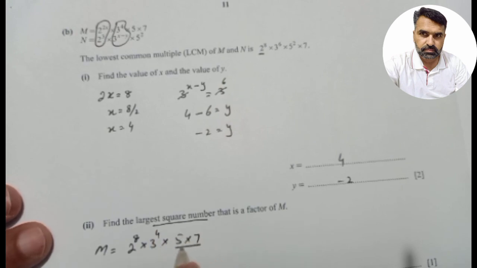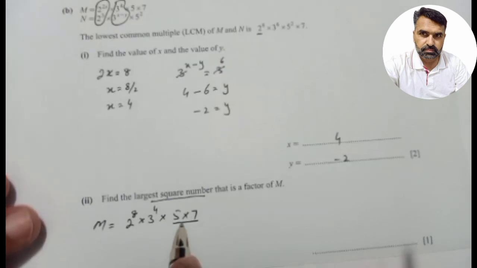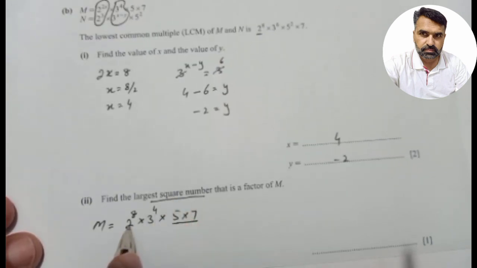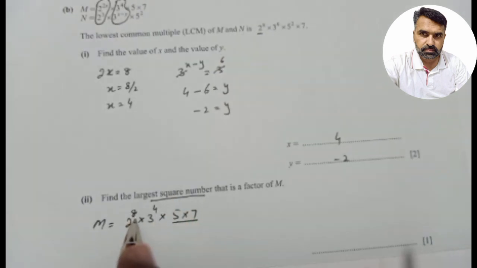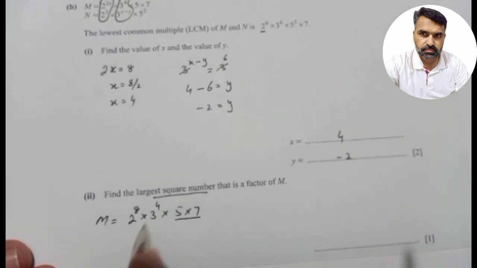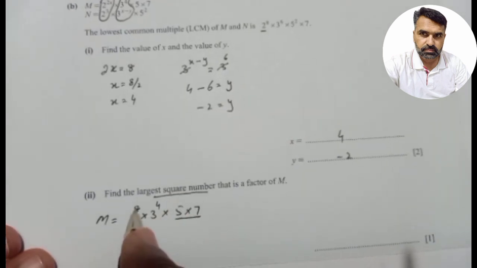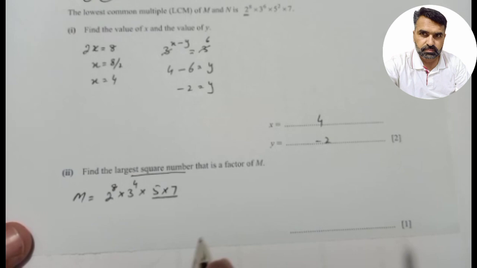So 5 and 7 are not squares. 2 to the power of 8 is the square of 2 to the power of 4, and 3 to the power of 4 is the square of 3 to the power of 2. So the largest square number will be 2 to the power of 8 multiplied by 3 to the power of 4.